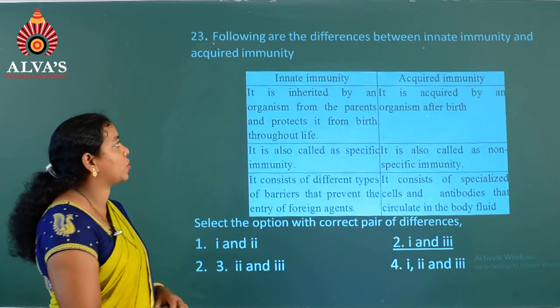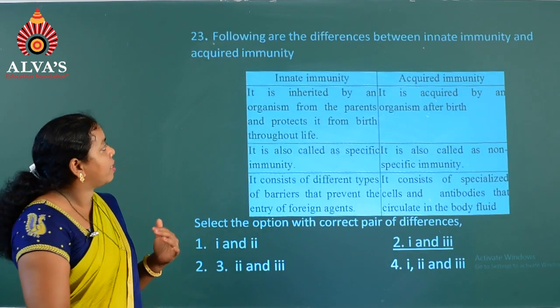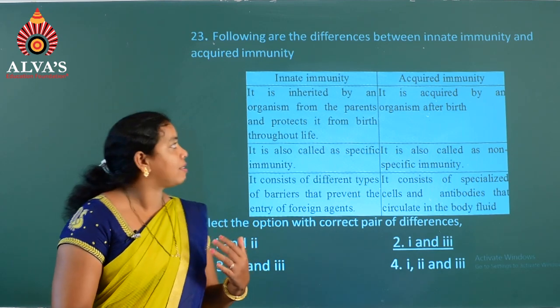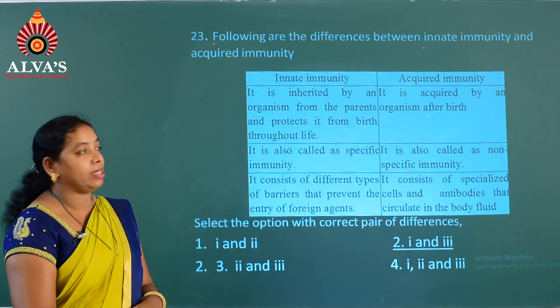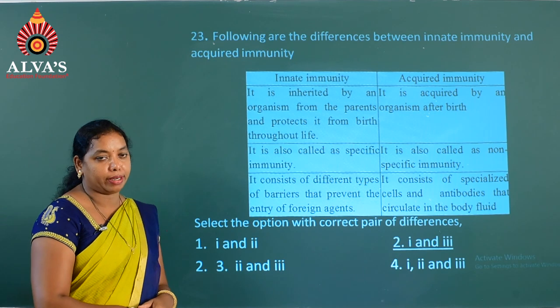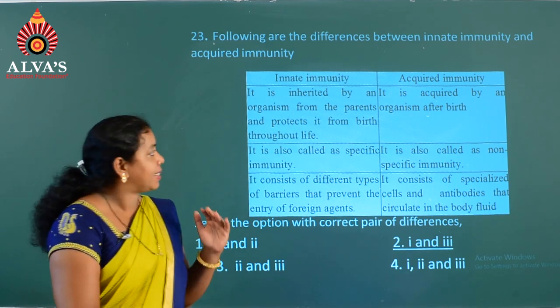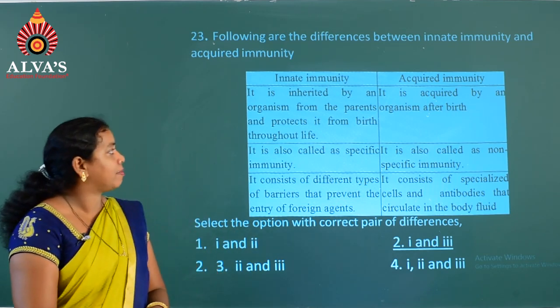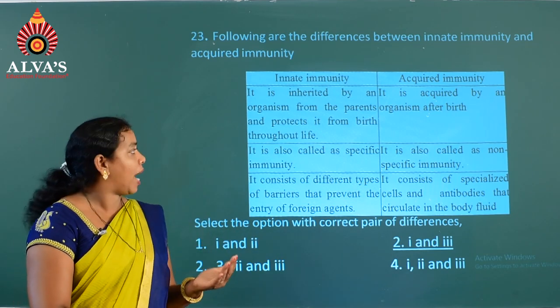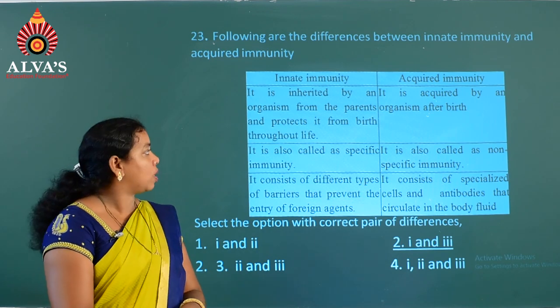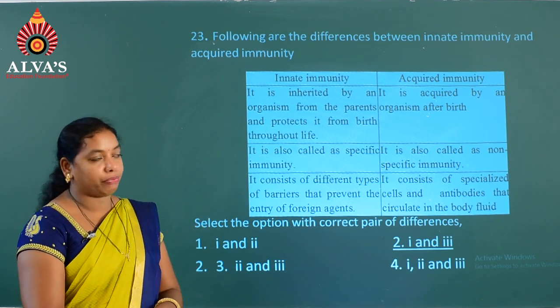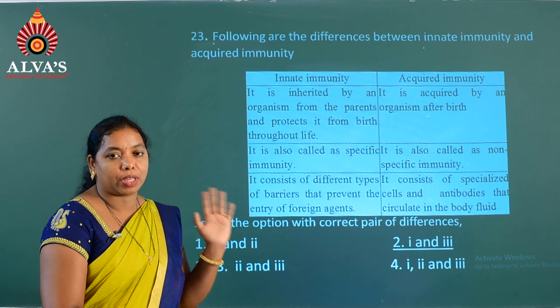Next question, that is question number 23. The question is, following are the differences between innate immunity and acquired immunity. The first one: innate immunity is inherited by an organism from the parents and protects them throughout their life, that is from birth to death.